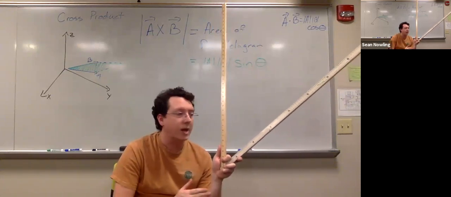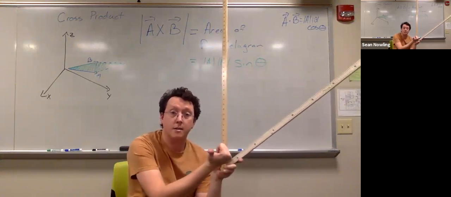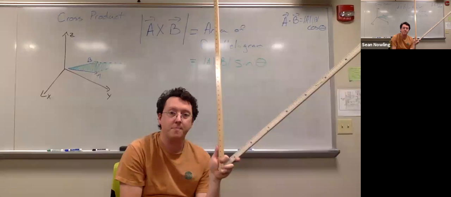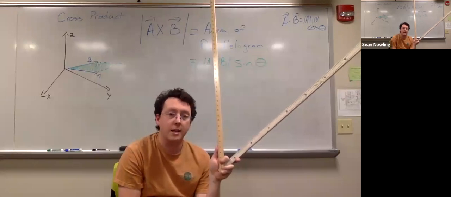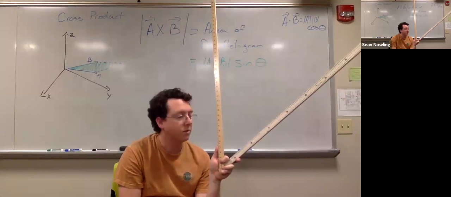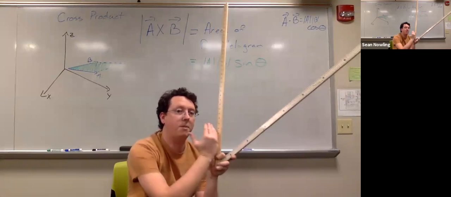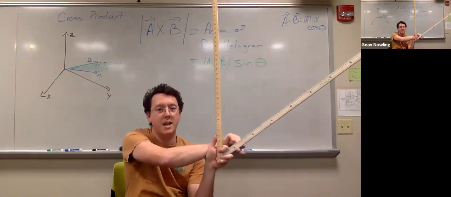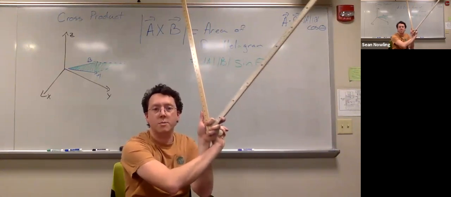All right. So A cross B was into your eye. Okay. So as I hold it, B cross A. Let's work that out. B. I can't do that. I've got to go to the back side. B cross A points into the board, points perpendicular.